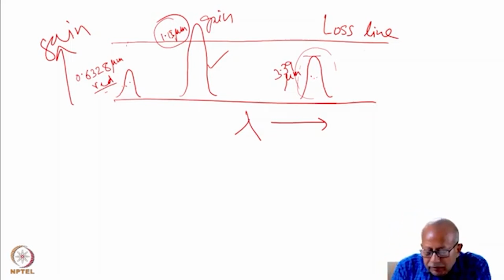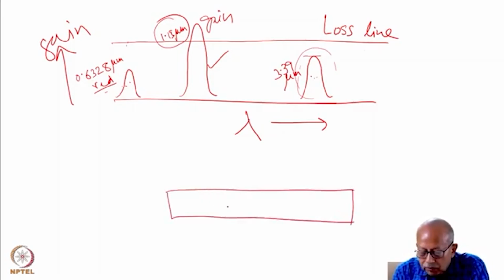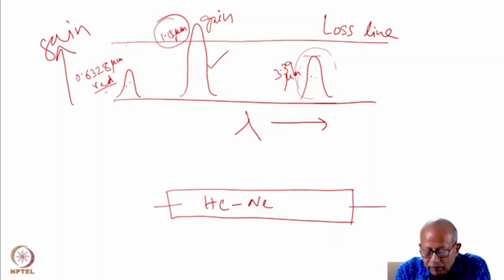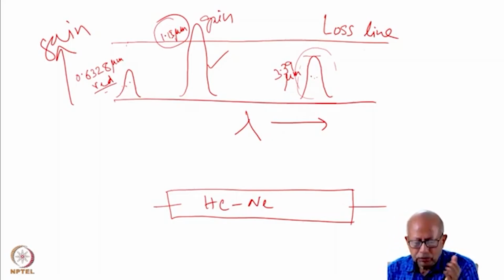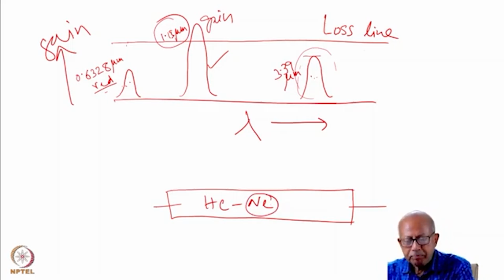So say this is our active medium, the helium gas, the discharge. You have created population inversion within the transitions that neon offers. Of course, helium has collided with electrons in the discharge, then it has got excited, then that excitation has been transferred to neon, and eventually you have created gain.